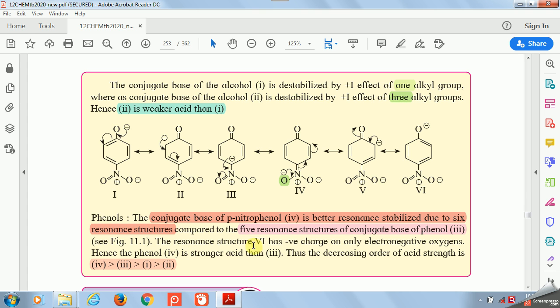If you observe this 6th resonance structure, the negative charge is only on an electronegative atom. Oxygen carrying negative charge, here also oxygen carrying negative charge.